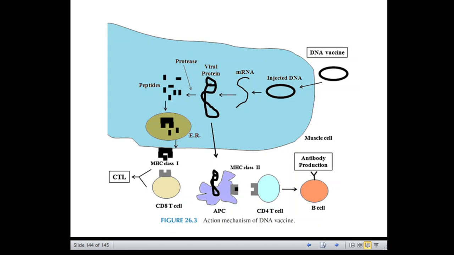But it also has disadvantages. Although DNA can be used to raise the immune response against pathogenic proteins, certain microorganisms have outer capsids made up of polysaccharides.